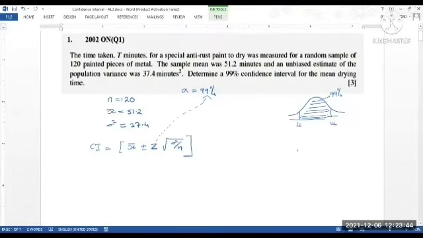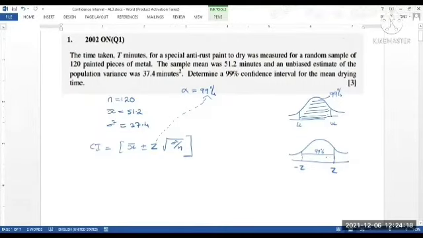For that, we have to have a wider knowledge about our graph. The graph says we need a 99% confidence interval, and our z value corresponding to this graph in our standard normal distribution graph, this would be negative z and this is positive z. So if you have 99% here, but z corresponds to the area to the left of this particular value here.